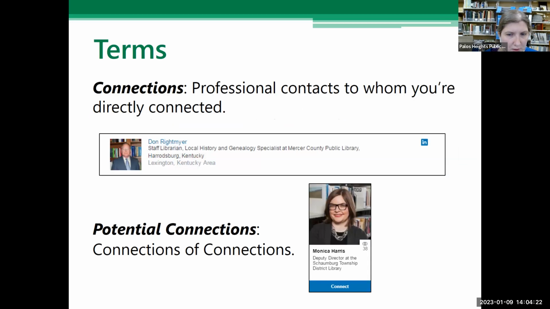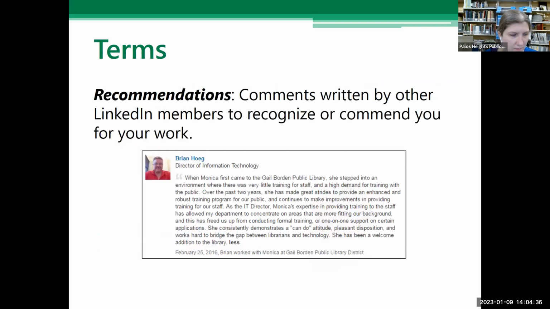And then potential connections, or what they call connections of connections, are possible people you may know through people that you know in LinkedIn. Recommendations are comments that people or connections can write on your page, and can be a professional recommendation for you if you would like.